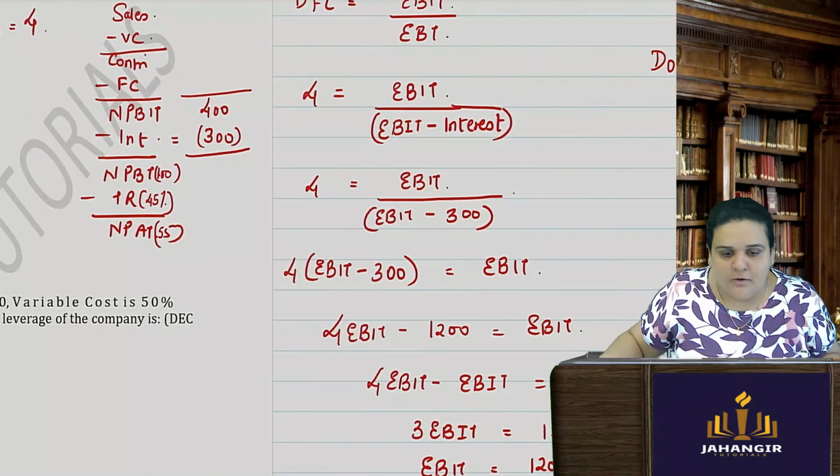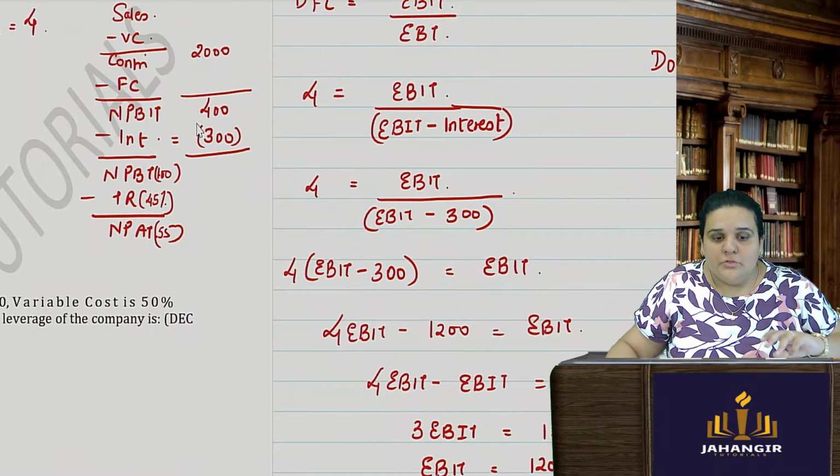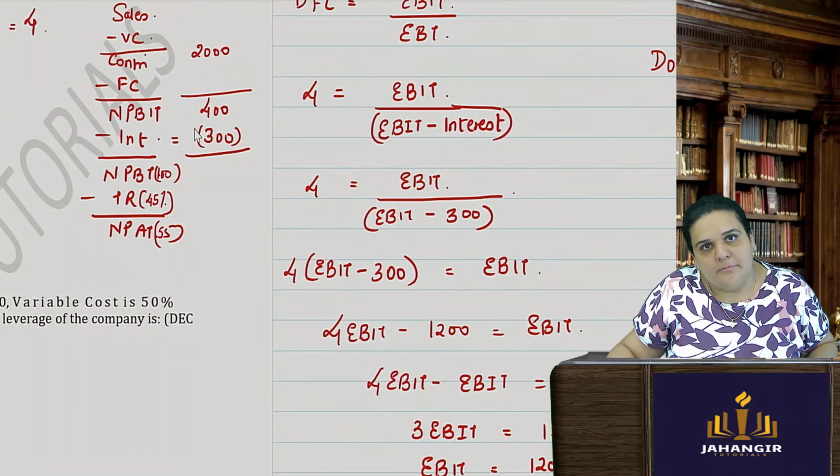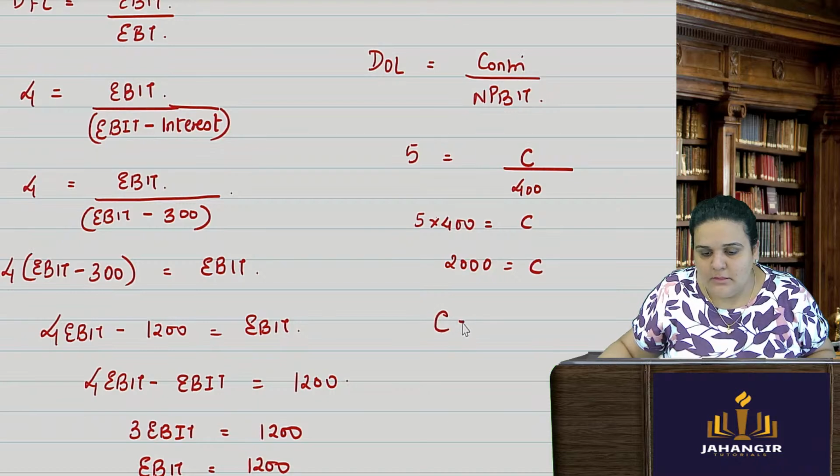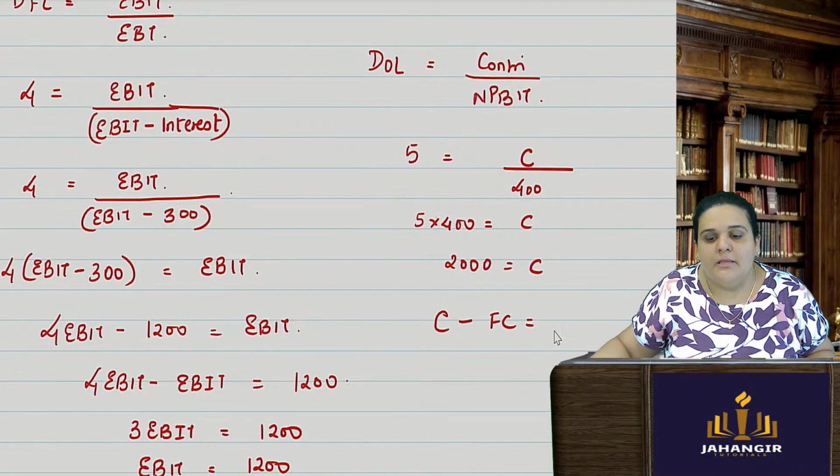So I am putting contribution here as 2000. So now I need to know my fixed cost. Now it is simple. Simple, right? Contribution minus fixed cost was giving me my NPBIT.